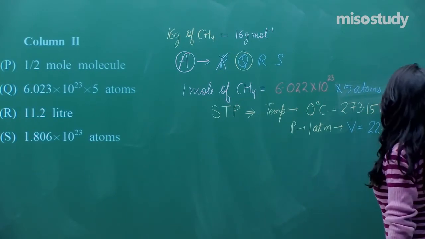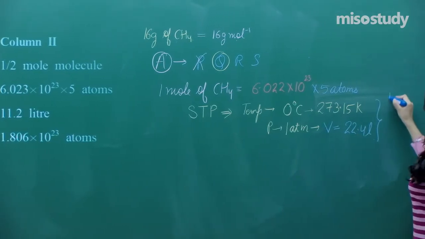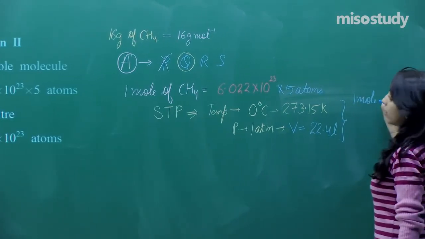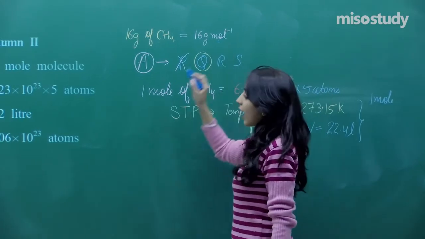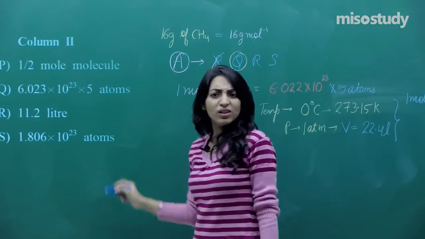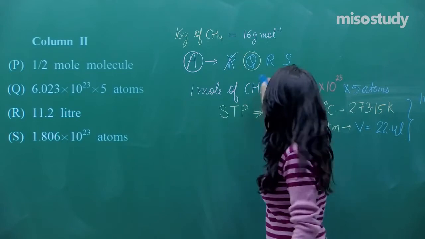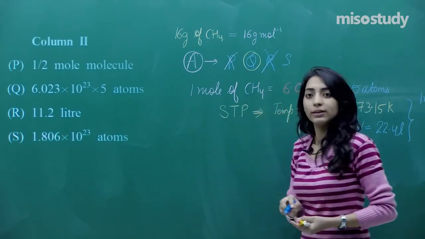So this will be found to be 22.4 liters when number of moles will be 1 mole. So here for 1 mole, I am getting 11.2 liters. No, answer should be 22.4. So even R is not the option, right?